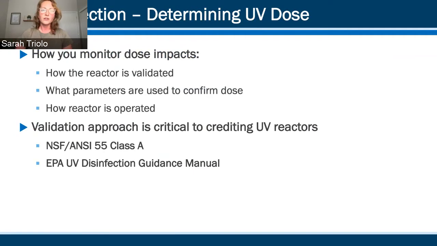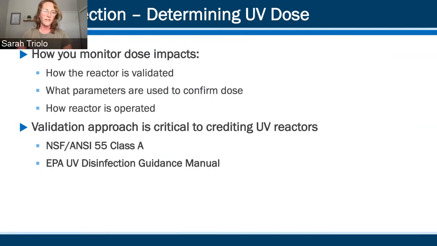So the critical part of figuring out the UV dose that you're getting is really about how the reactor is validated. I hope that everybody comes away from this presentation understanding a little bit more about UV reactor validation and why that's so important, and understanding what parameters are used to confirm dose and how the reactor is operated.